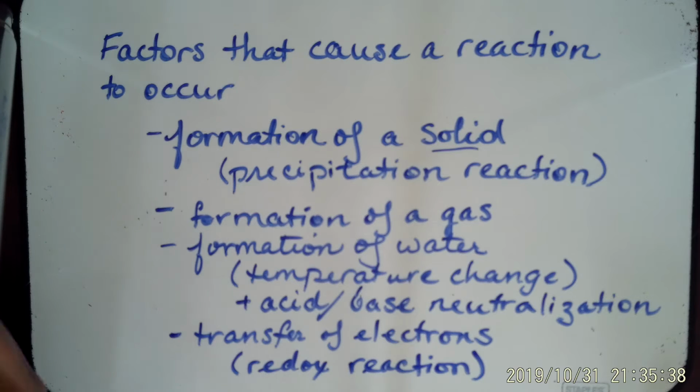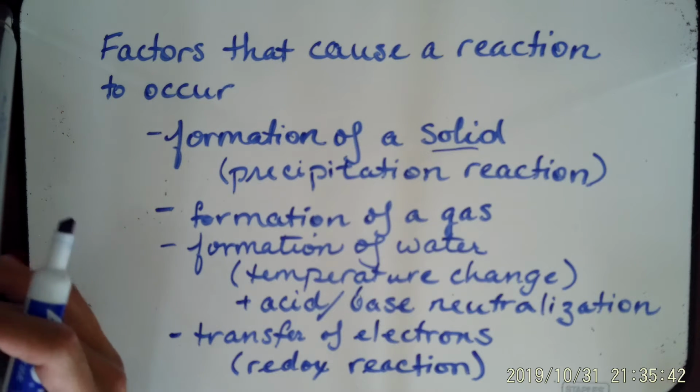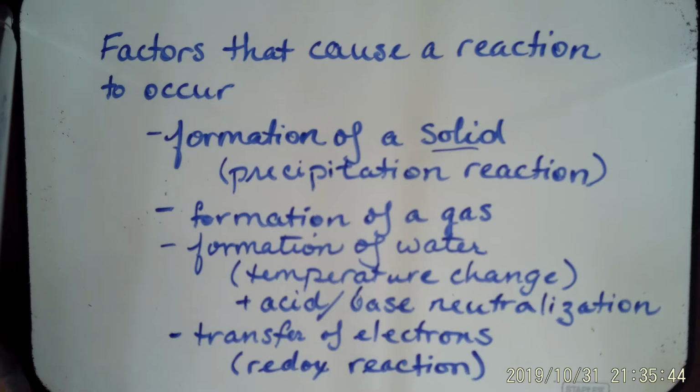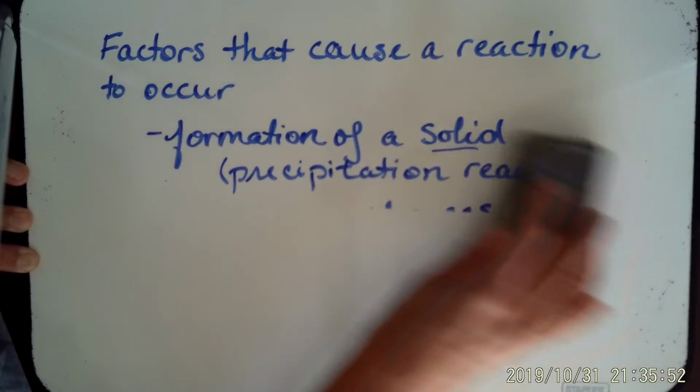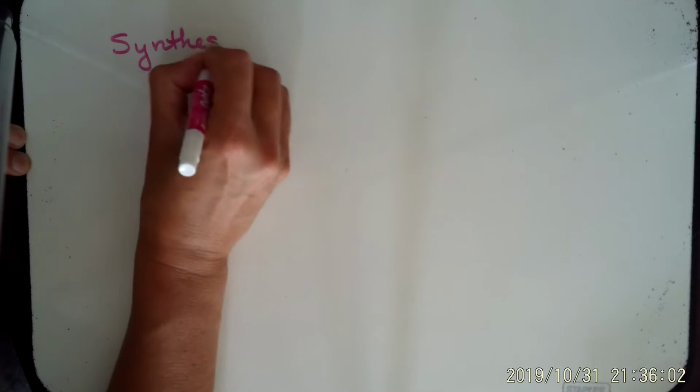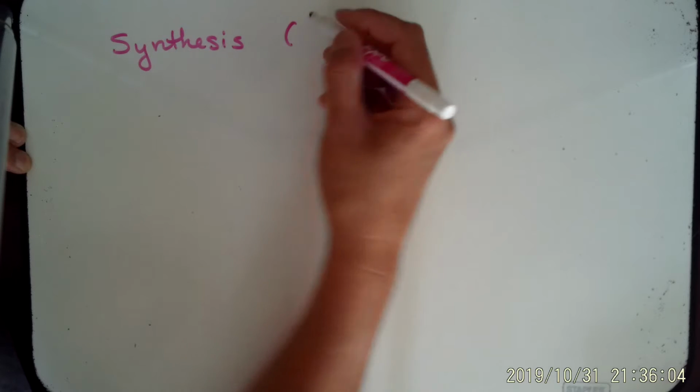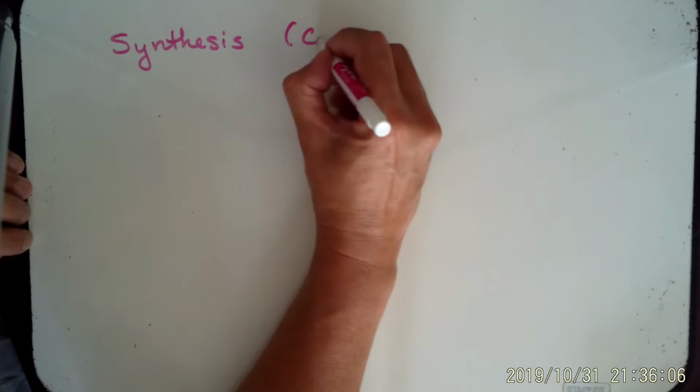So we know the types of reactions based on their products and what they do. Now let's take a look at the types of equations that we use to describe them. The first is called a synthesis or combination reaction.